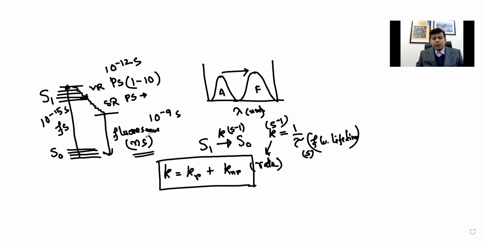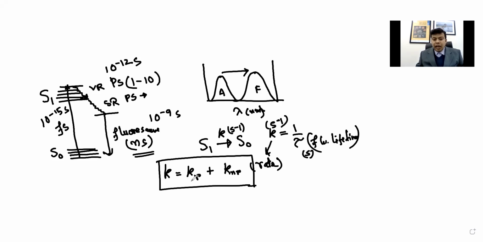As you can imagine, a fluorophore which undergoes extensive Stokes shift will also have more non-radiative decay channels, therefore faster k, because you've got a significant contribution of knr, therefore shorter lifetime. If k is higher, fluorescence lifetime becomes shorter.